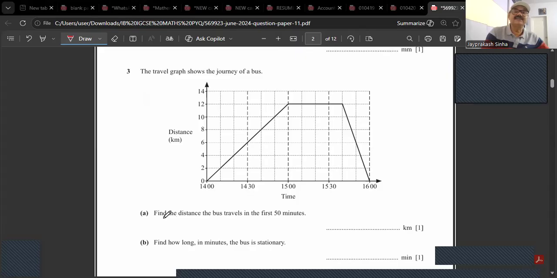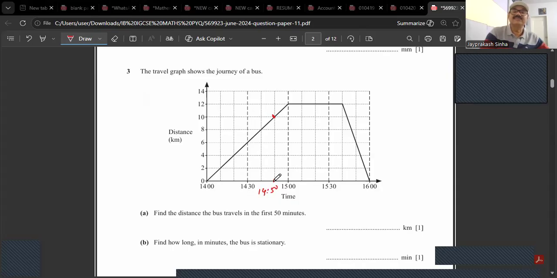It is asking to find the distance the bus travels in the first 50 minutes. So this is 30 minutes, then 10, 20, 30, 40, 50. This is the point. Now this point cuts here. This is the 50 minutes, because after 50 minutes the time will be 14:50.